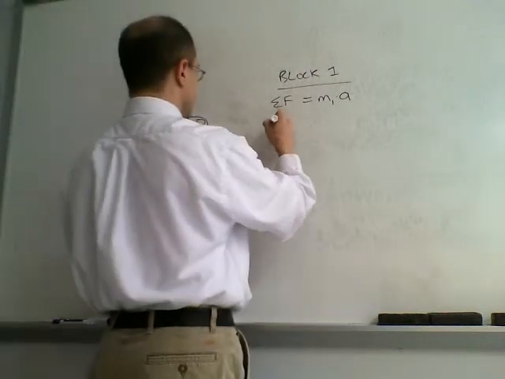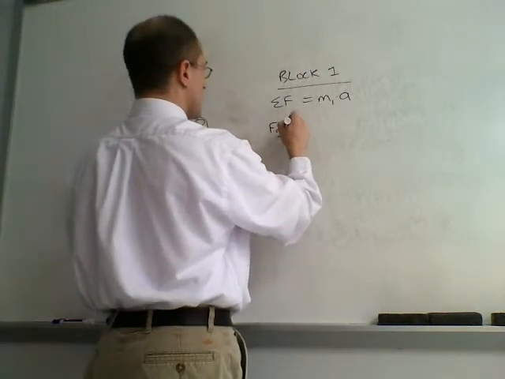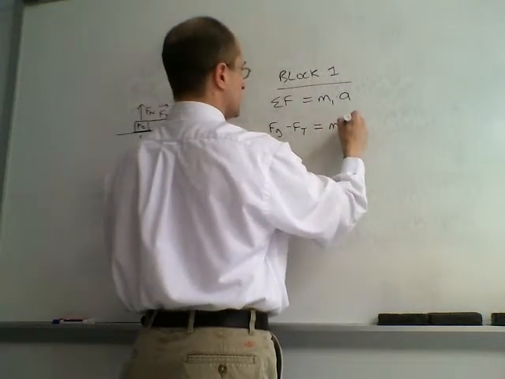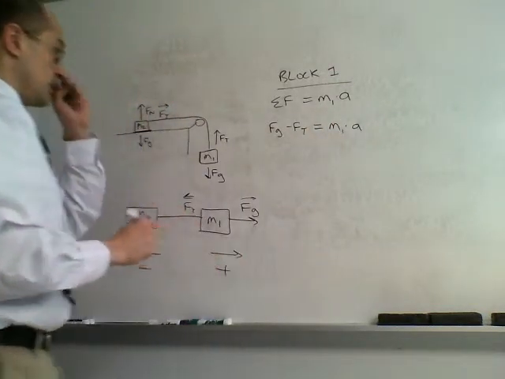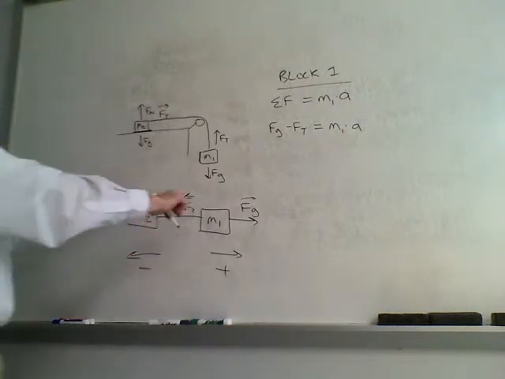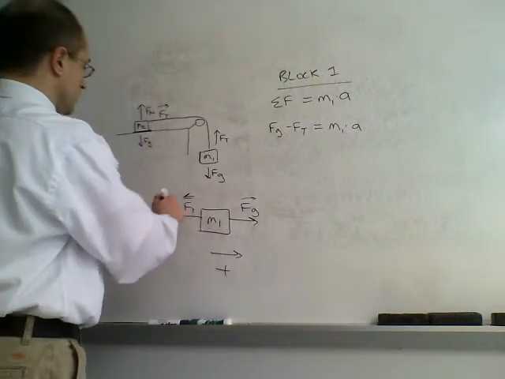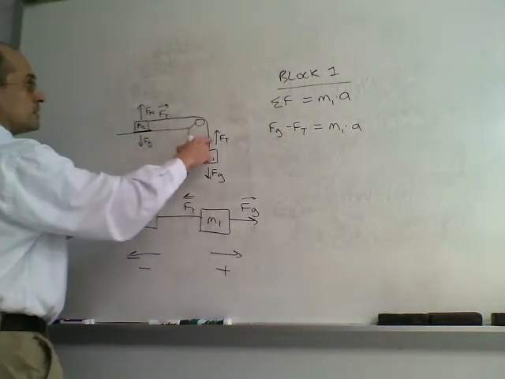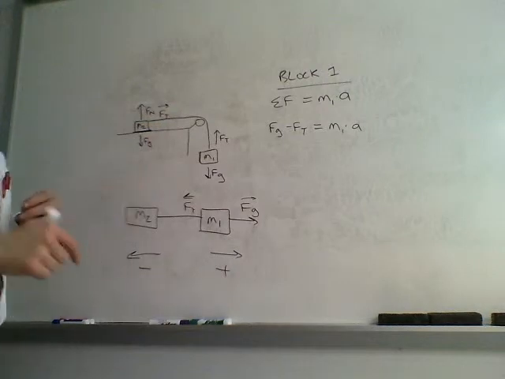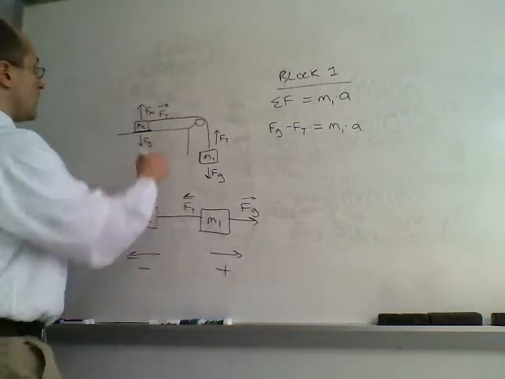And what we do is we say that the force of gravity minus the force of tension equals mass 1 times its acceleration. Now just like if we look at the tension between two blocks, the tension that occurs here has to be the same tension that occurs up here on block 2 because of Newton's third law.